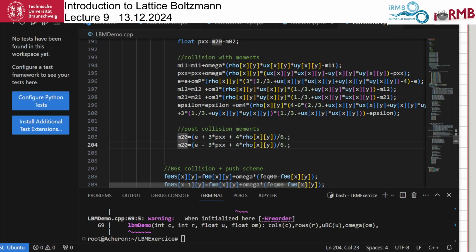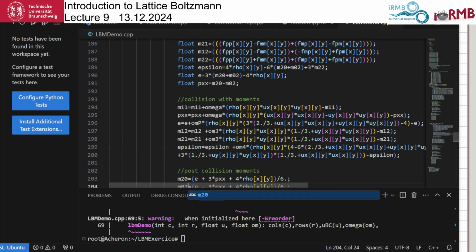And it should be 02, the name of the variable. Okay, so these are these guys, and the epsilon. I think for the epsilon, I don't really need it, I just put this here to the other side.